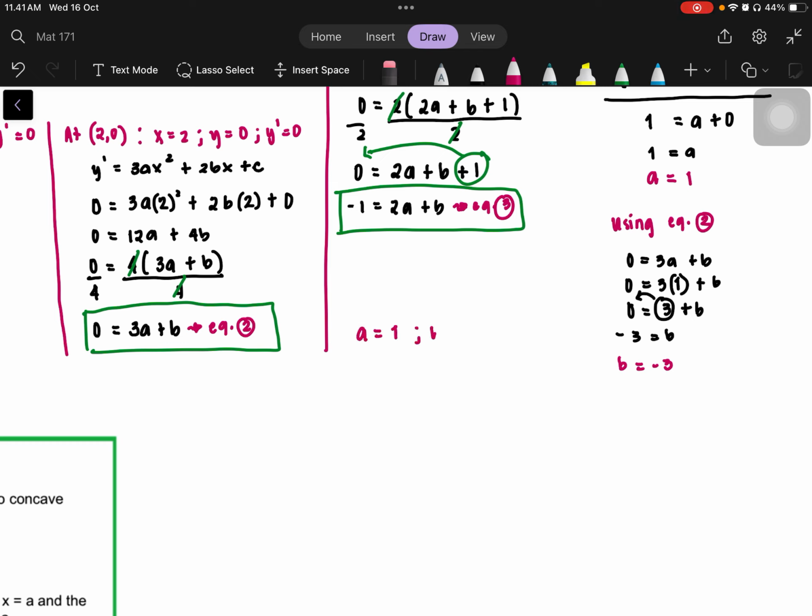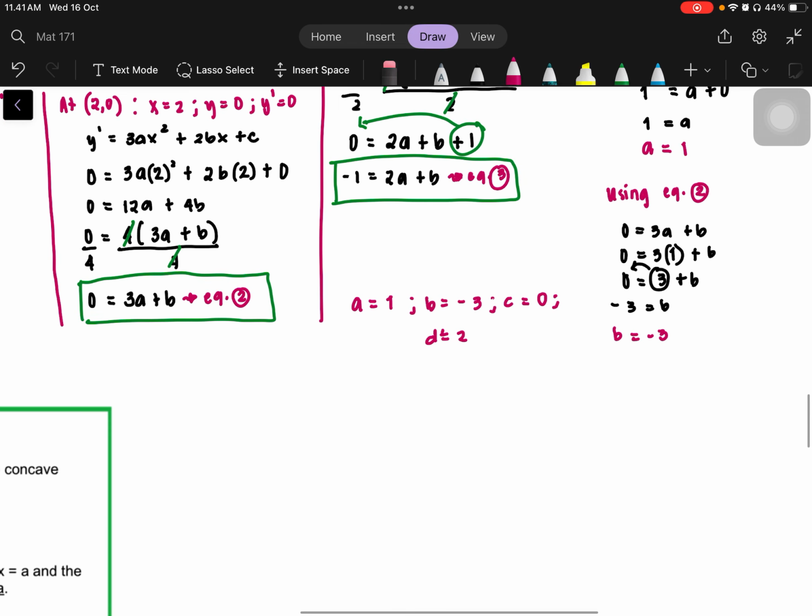So, ngayon, pag samasamahin lang natin, ano si a? 1. Sino si b? Negative 3. Ang ating c is 0. And then, letter d natin is 2. Okay. So, by using the equation lang natin kanina, y is equal to ax cubed plus bx squared plus cx plus d.